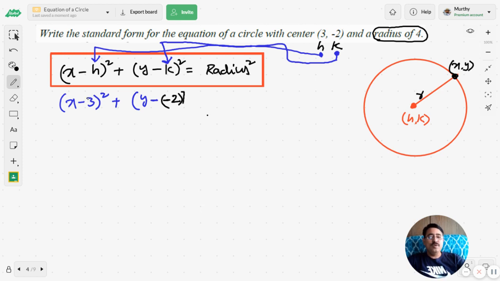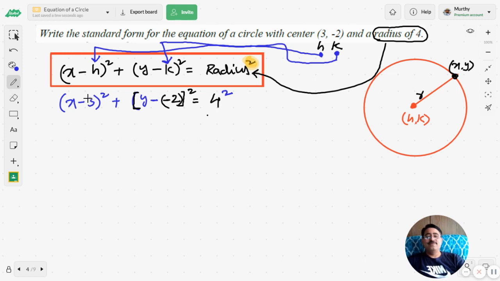If you want, you can make use of a double parenthesis. Equals to, what is the radius? You see that radius is 4 units, so it is 4. Don't forget, most of the time there are high chances of forgetting about the square. Therefore, you take square here. Don't forget the square.